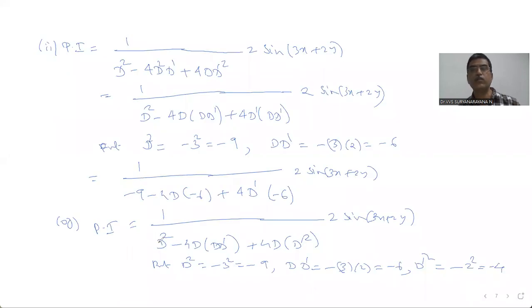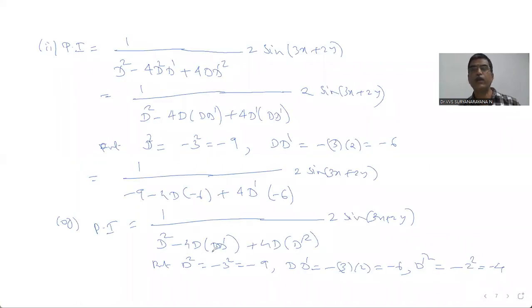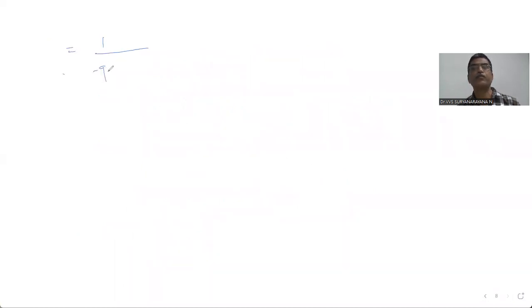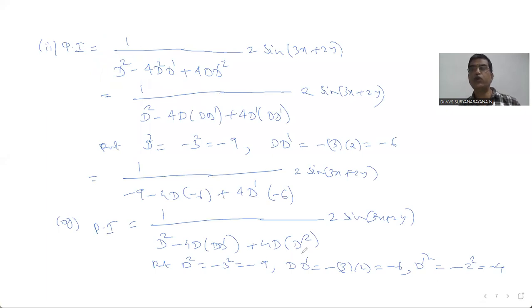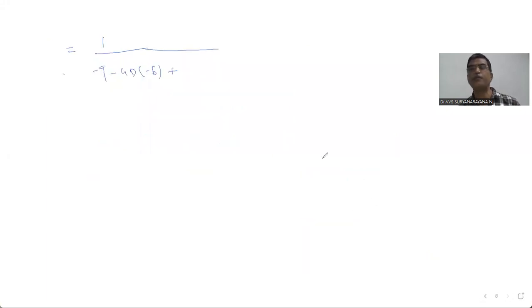So we will get this equal to 1 by minus 9, then minus 4d into minus 6, plus 4d into d dash square, that is plus 4d into minus 4, of 2 sine 3x plus 2y.